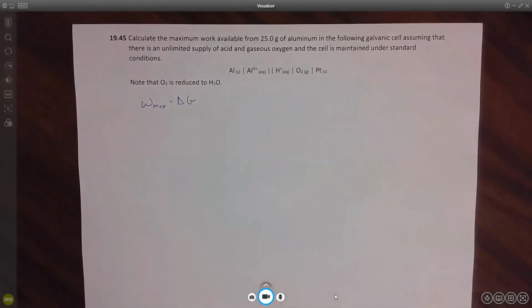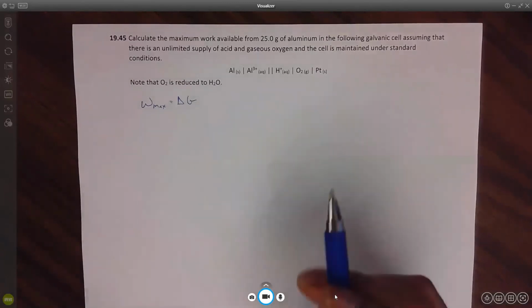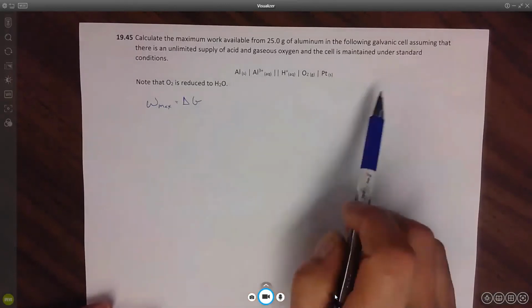You have to do two half reactions. Definitely, we're going to have to do that. But what is the relationship between delta G or max work and the electrochemical values?